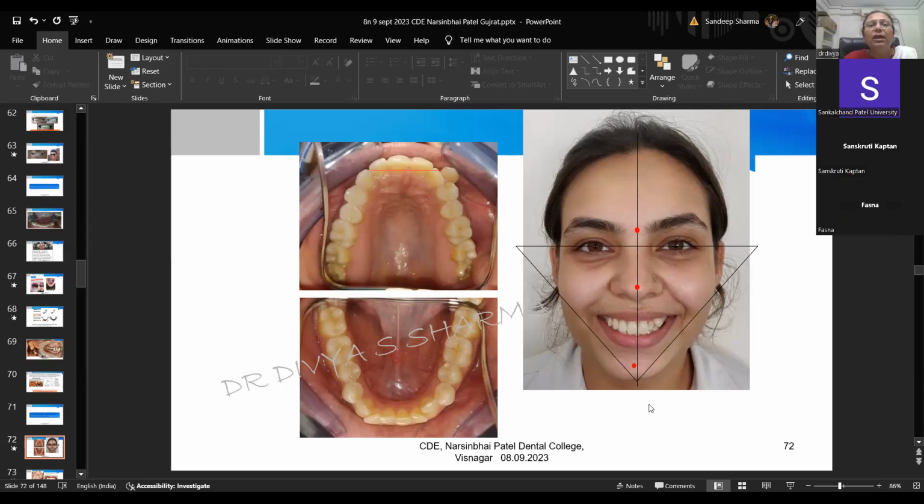Now you can see there is a collapse of the arch. The lateral incisor is in a straight line, distally moved, and there is a lack of space. The patient had a history of caries. And there is a lateral mandibular shift towards the right side because the patient is closing her mouth inside this space, and there is a crossbite on this side.